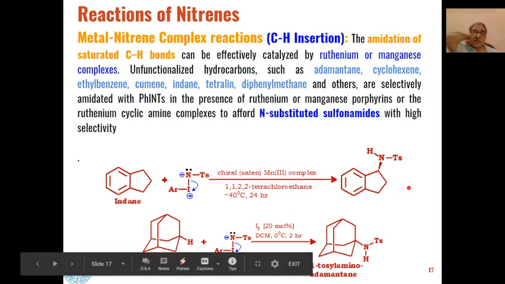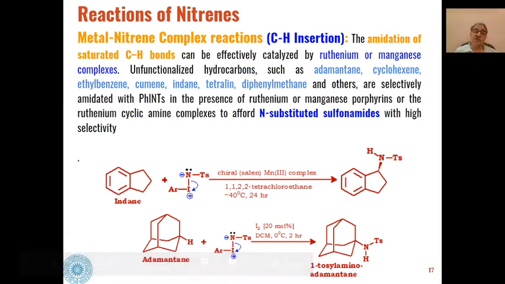So amidation at the saturated carbon-hydrogen bonds will take place. The most commonly used metal catalysts are ruthenium or manganese complexes, which are used for carbon-hydrogen bond insertion reactions.